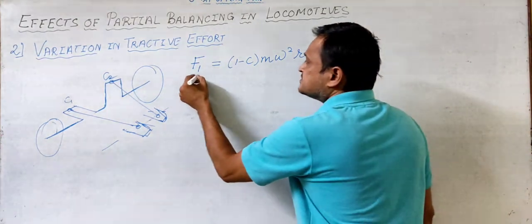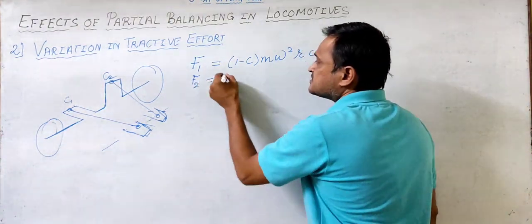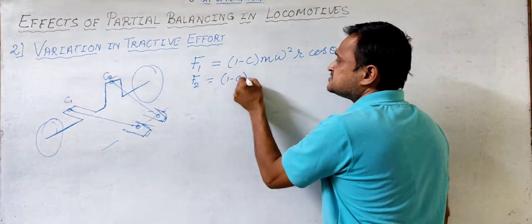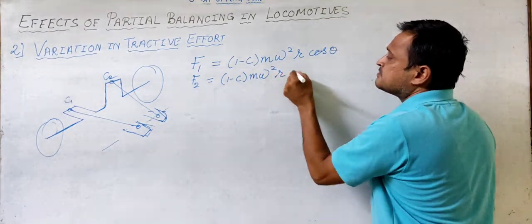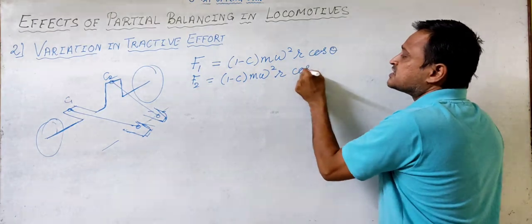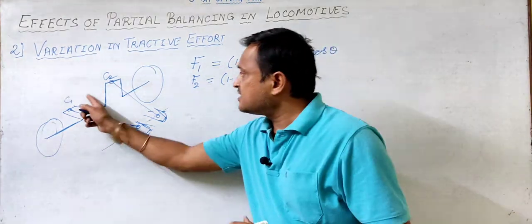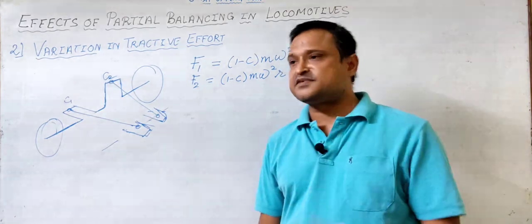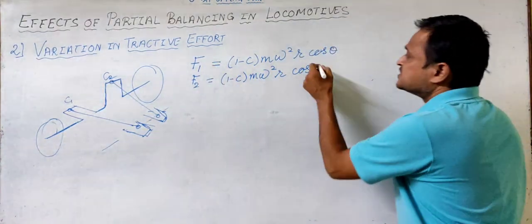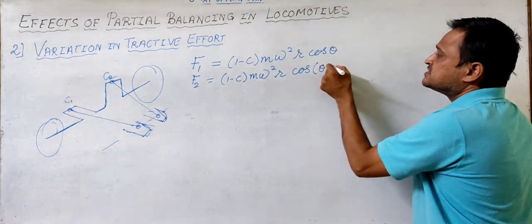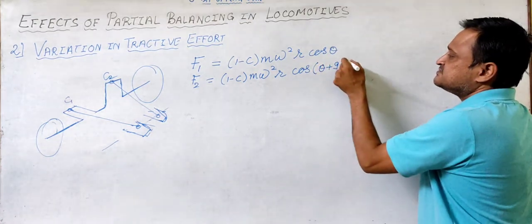And this will be (1 minus c) times m omega square r cos. Now here the other one is at a phase of 90 degrees with the first one. So if the first one is this value, then definitely this will be theta plus 90, right?